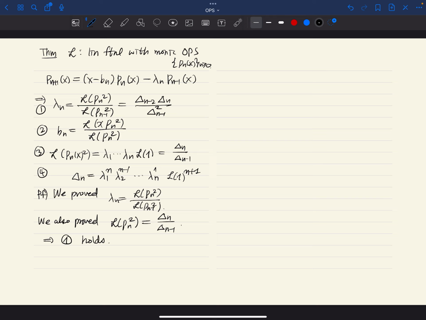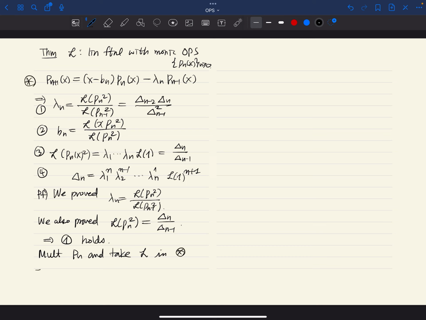So what about the second identity? Because we want to get this, we will do something over here. For the second identity, multiply by Pn and take L in the three-term recurrence, say star.